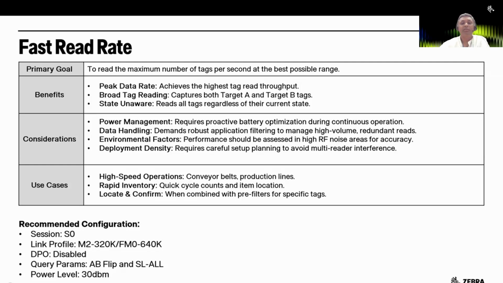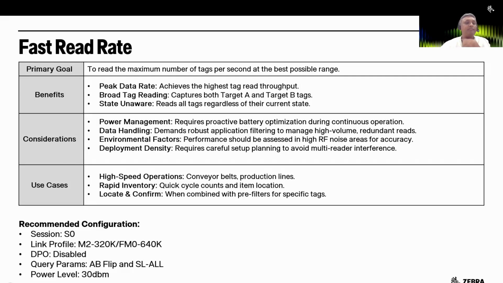Quick cycle counts, and whenever I want to locate a particular item, the capability to keep reading that particular item repeatedly so that I can locate it. When you combine locate with these pre-filters, you can see those specific tags repeatedly, and it helps you perform these locate and confirm use cases.